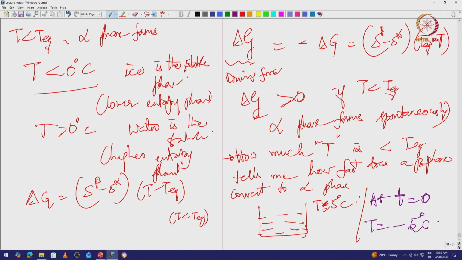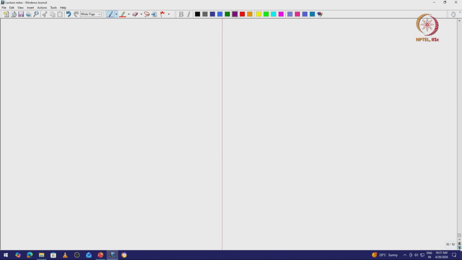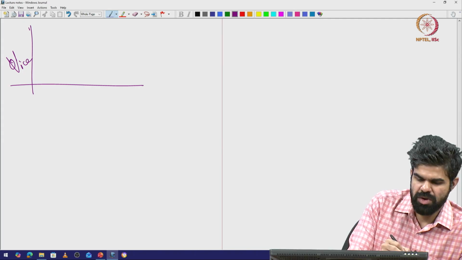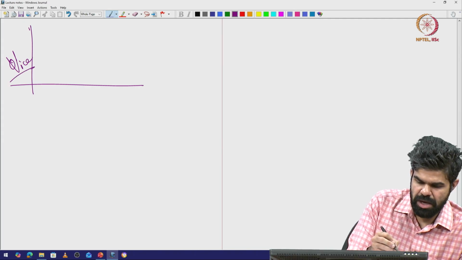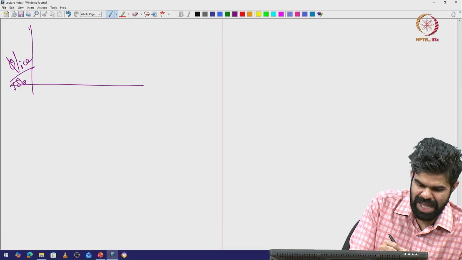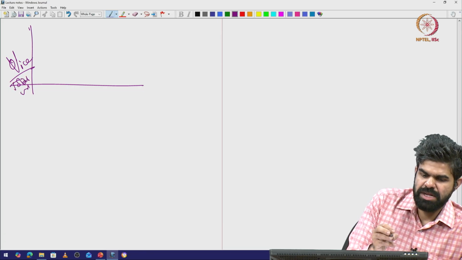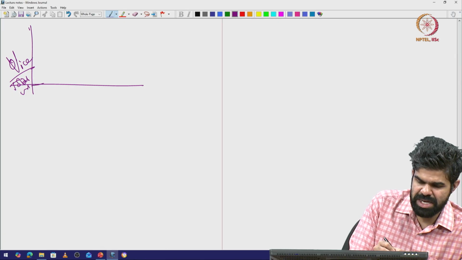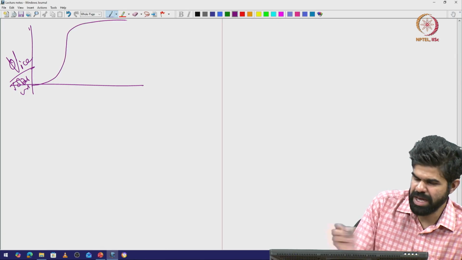If it is set to minus 5 degrees Celsius, it should eventually freeze. So if I am following some kind of order parameter, or how much volume of ice is formed divided by total volume, initially there is no ice, but at some point there will be ice that is formed.